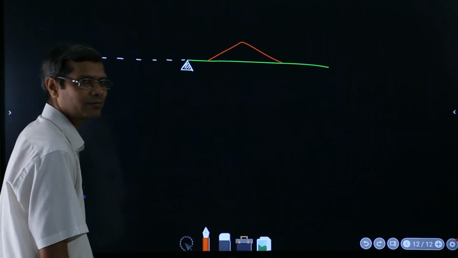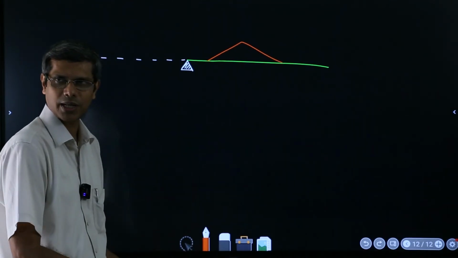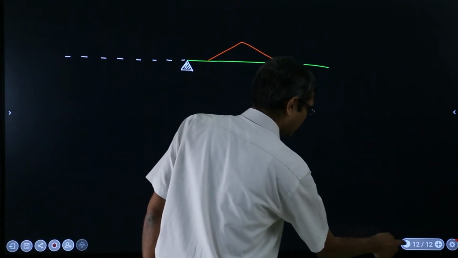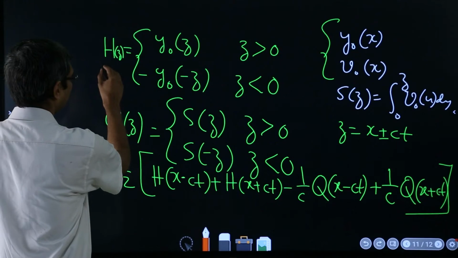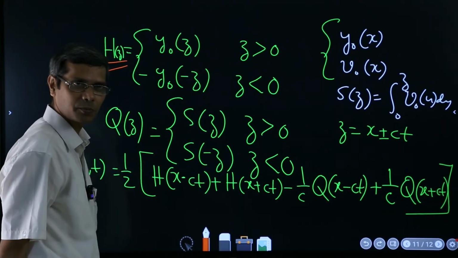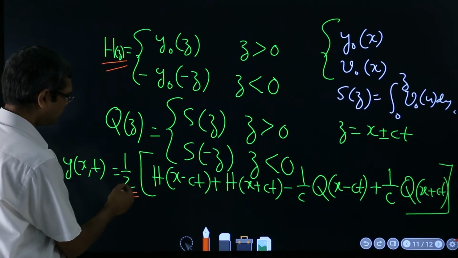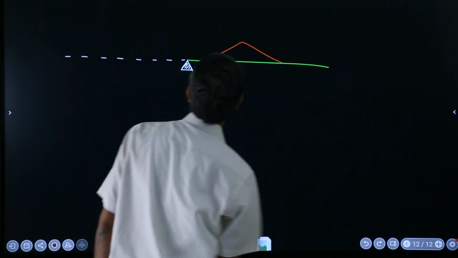Try to draw what will happen and how to visualize the equations which we wrote. Now if you go back here, we have to first define h of z, right? And then this half also will be multiplied with that. So let's see how they will look.